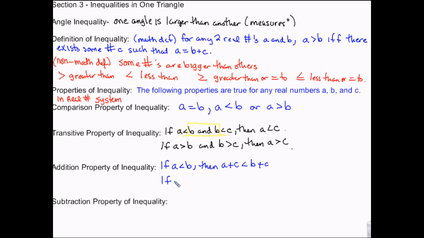And you also have if A is greater than B, then A plus C is greater than B plus C. So again, add the same thing to both sides, doesn't change the direction of the arrow. And finally, you have the subtraction property, which is basically the exact same thing, but instead of adding, we subtract.